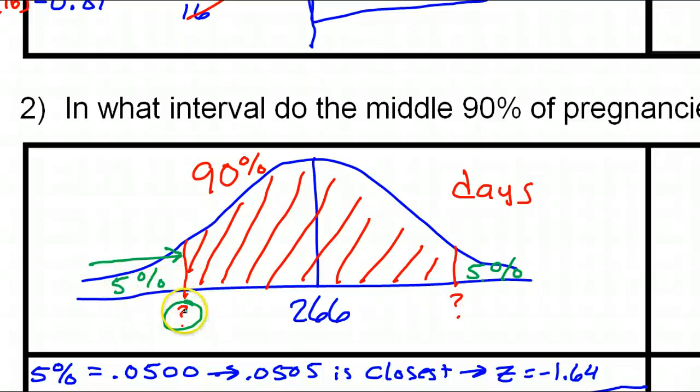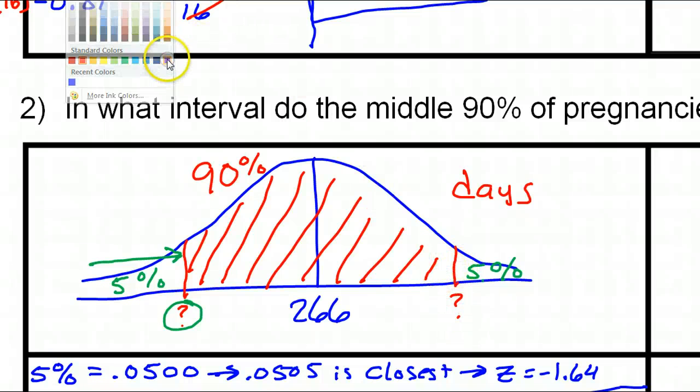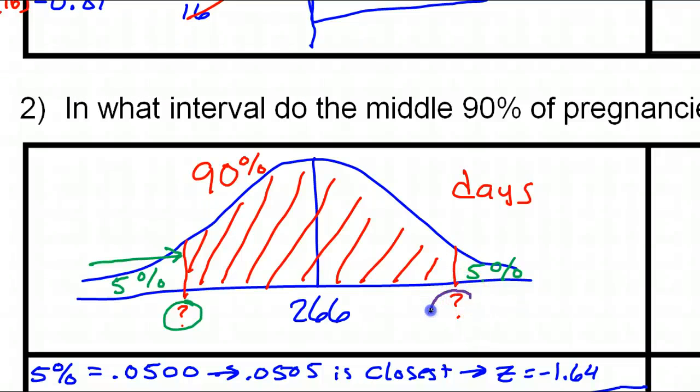So the part to the left of this question mark was 5%. That's why we use the 5%. Now I need the part to the left of this question mark. Okay, what is the part to the left of this? See if you can see this, guys. This coming from the left, this is going from here all the way to here. Okay, now what percent is that I just did?